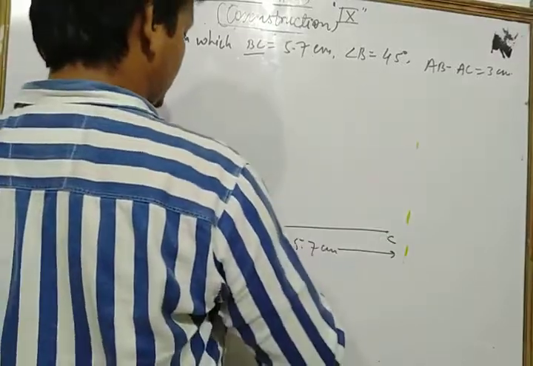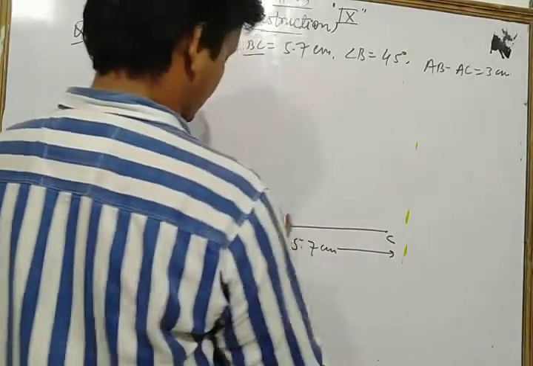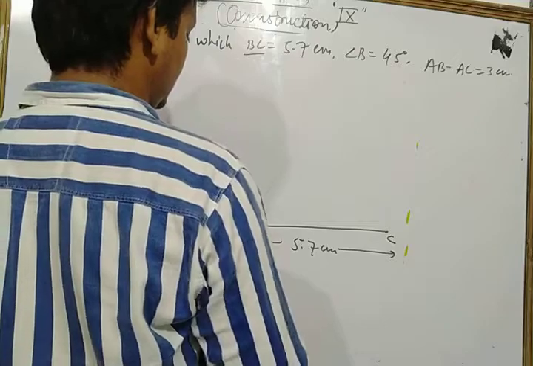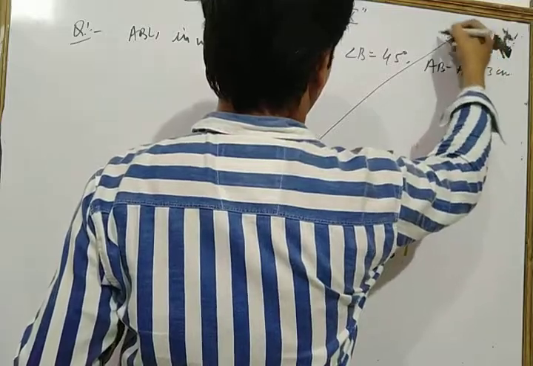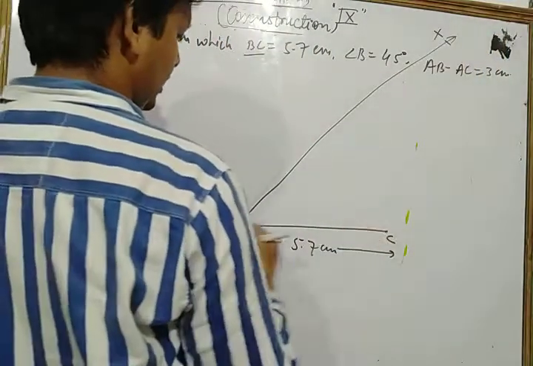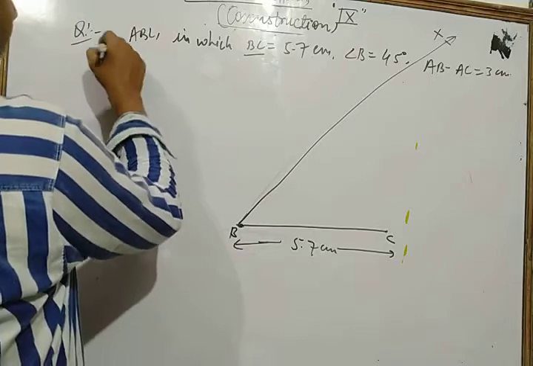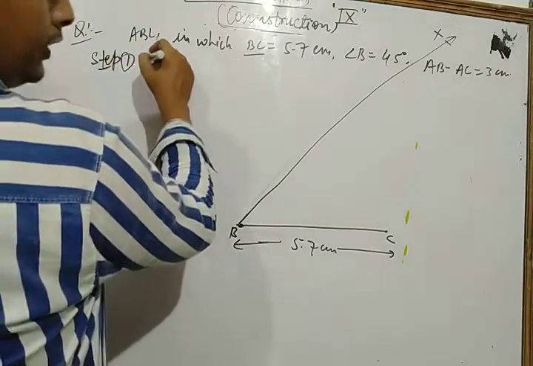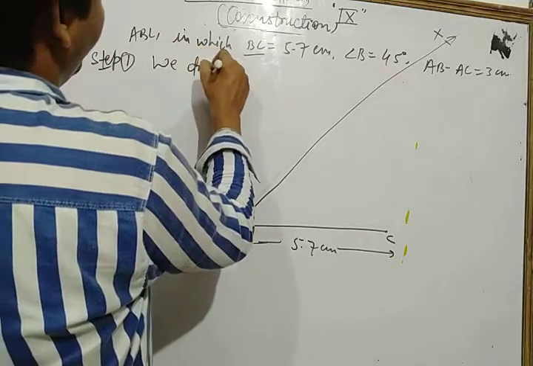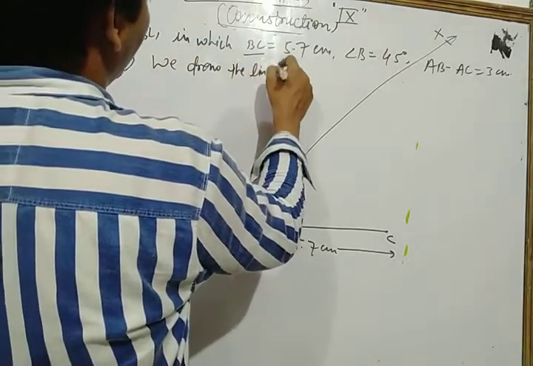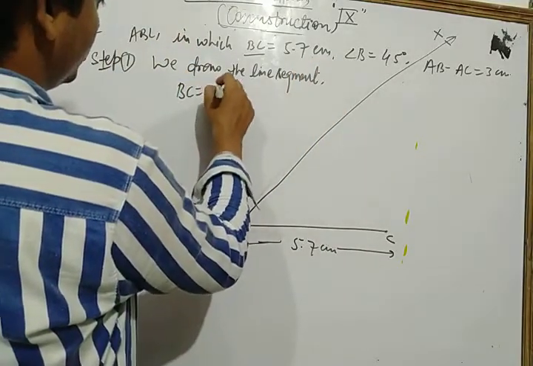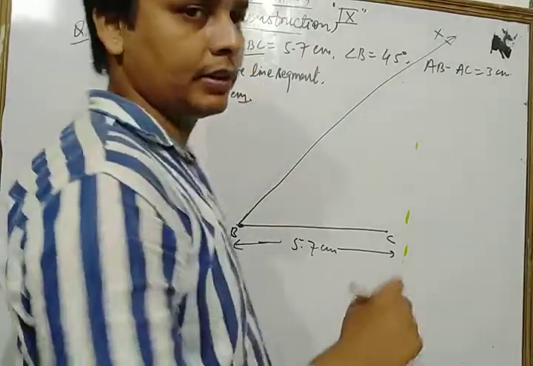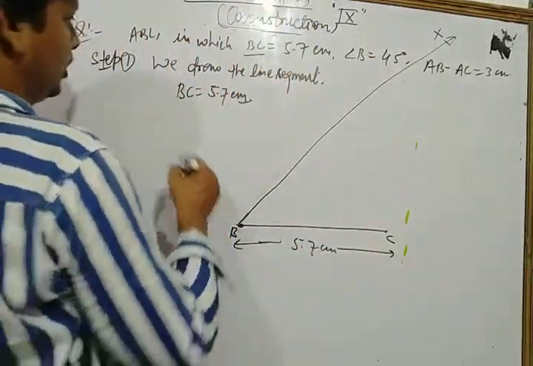So in the first step, we draw the line segment BC equal to 5.7 centimeter.